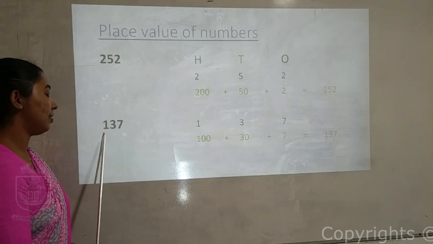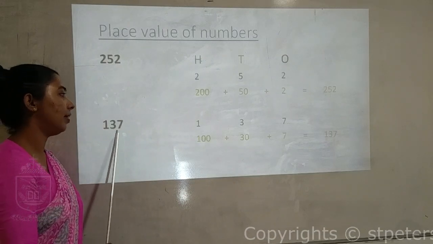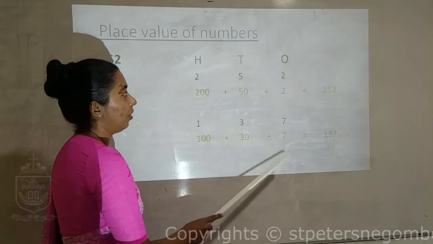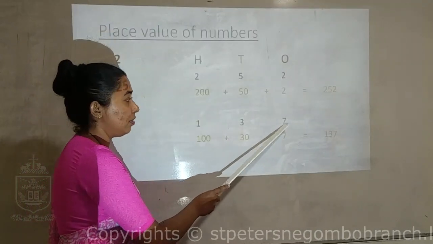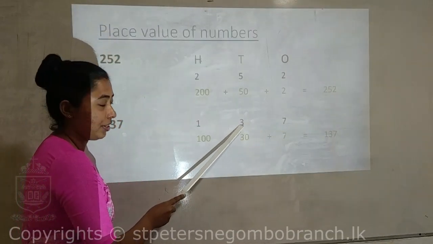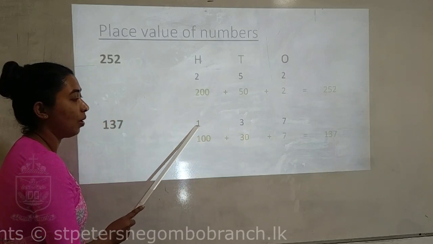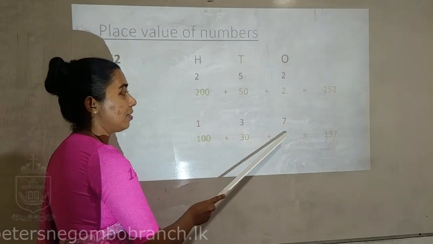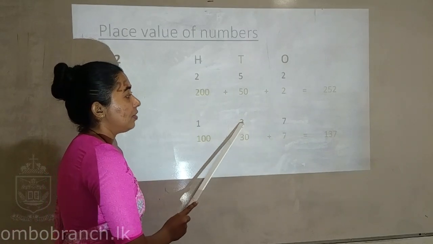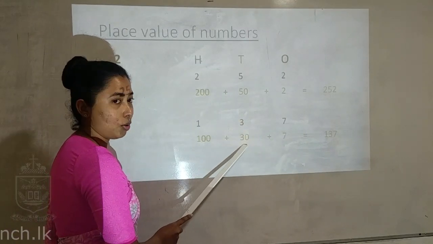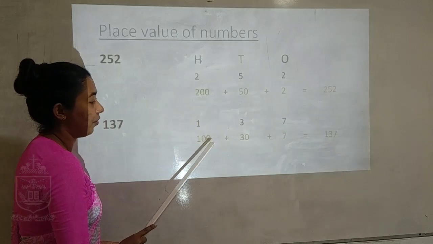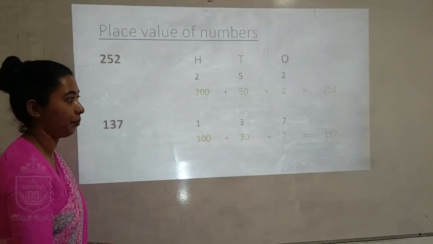When we look at this number 137, there are 7 ones, there are 3 tens and there is 100. 7 ones is equal to 7, 3 tens is equal to 30 and 100 is equal to 100.